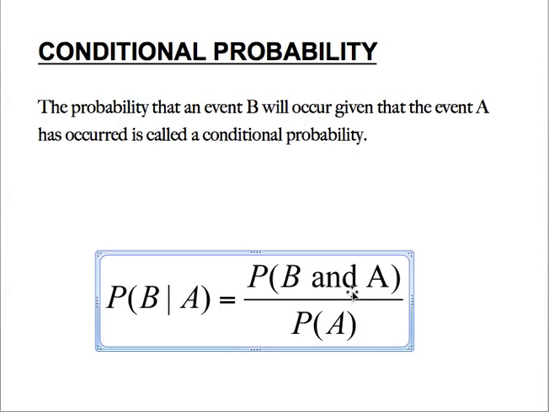Now this is equal to the probability of A and B occurring at the same time over the probability of A. Now notice the event that has occurred, A here in this case, is our denominator. Okay, so the probability of both events, probability of A and B over the probability of the event that has occurred.